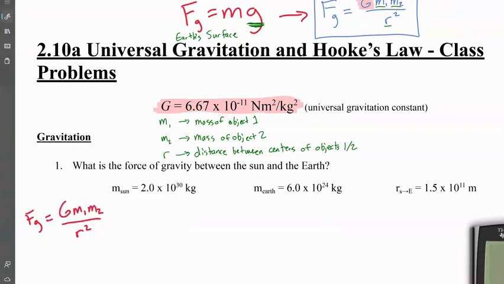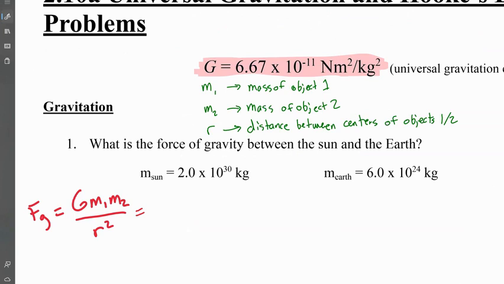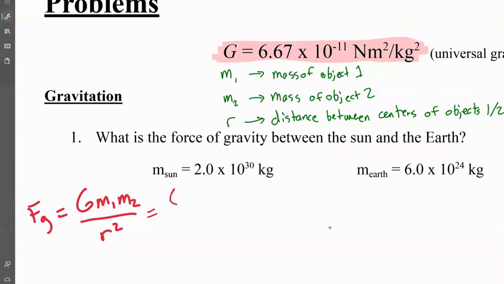Okay, let's plug in some numbers. G, this gravitational constant, is 6.67 times 10 to the negative 11. Mass m1, the sun, is 2 times 10 to the 30th kilograms.